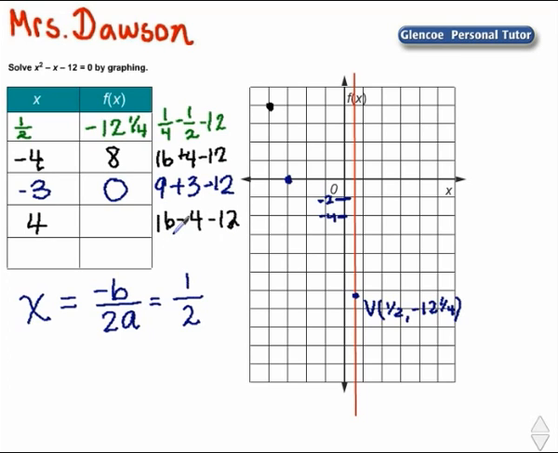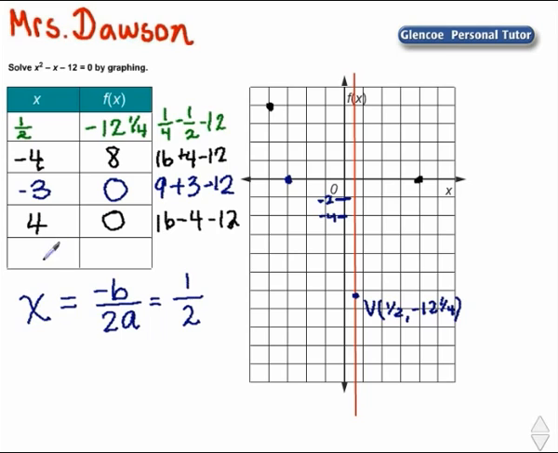So 16 minus 4 minus 12 gives us 0. So at x is 4, 1, 2, 3, 4, we have the other x-intercept. Now, notice that these are the exact same distance, 3.5 units, from the axis of symmetry.